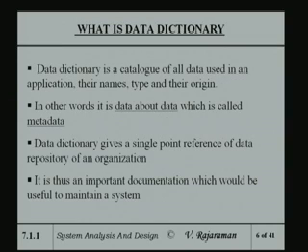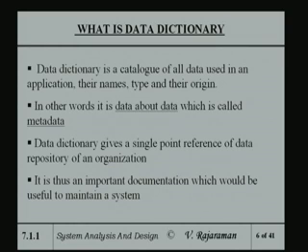Now, the first topic is what is a data dictionary, and data dictionary essentially is a catalog of data used in applications, their names, types, and their origin, where they occur. As I said, it is data about data.